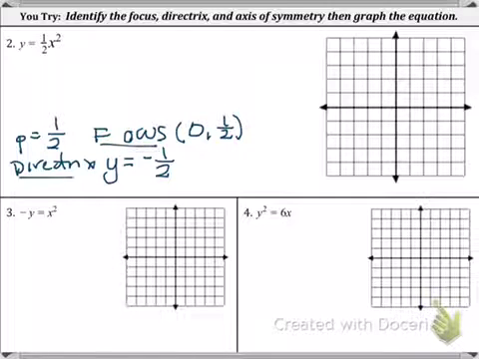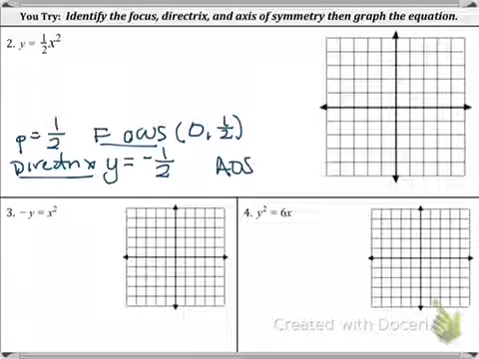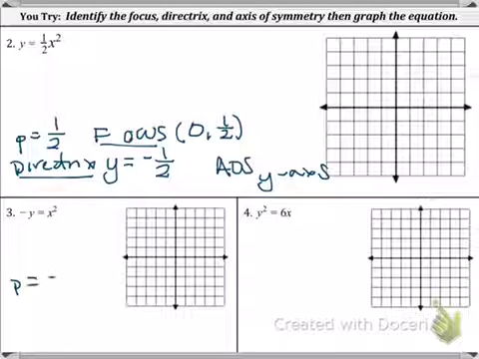Then, focus, directrix. Now we have our AOS, which is just specifically the y-axis. Okay? And then for the next one, your p-value should have been -1/4.